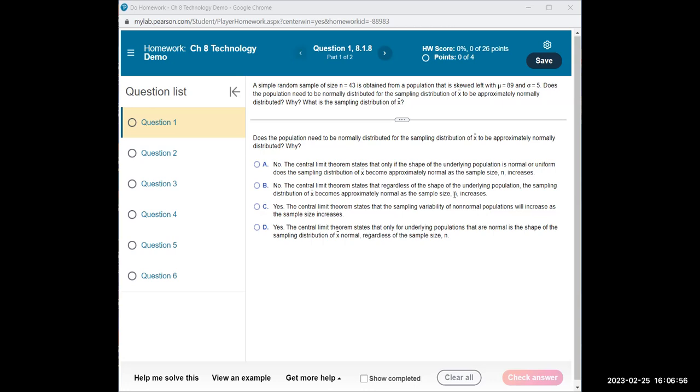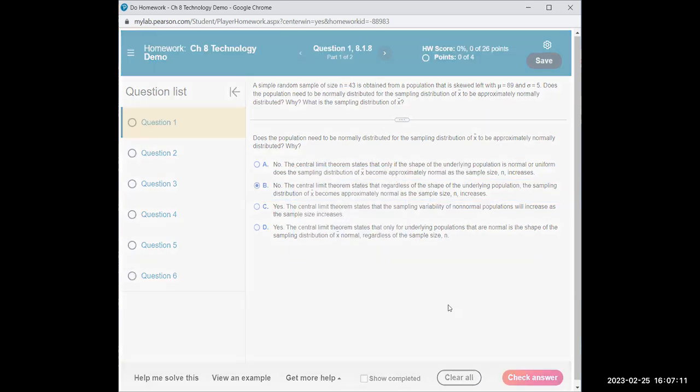So as you're getting larger and larger, those shapes become more and more normal when you're graphing a bunch of means and seeing what that distribution looks like. Because our sample size is pretty large, that's the one that's saying that.